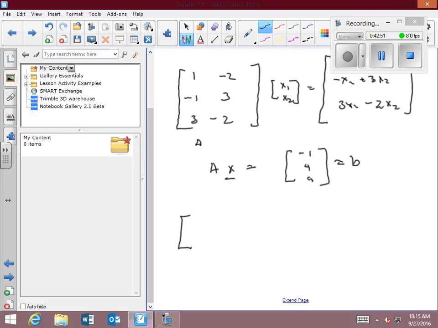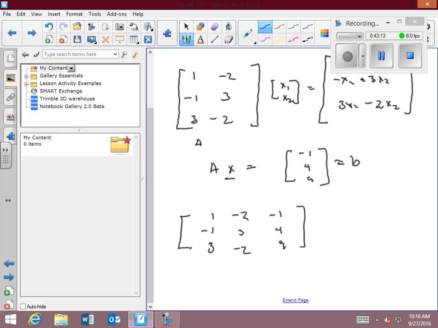So we go 1, minus 1, 3, then minus 2, 1, minus 2, and then minus 1, 4, 9. Then we'll do echelon, and then we'll get a value for x1 and x2.